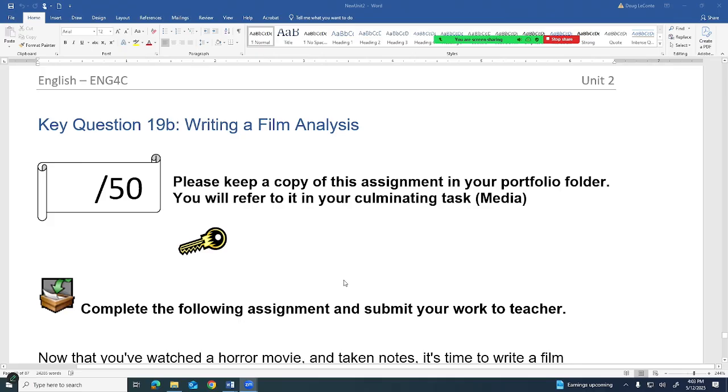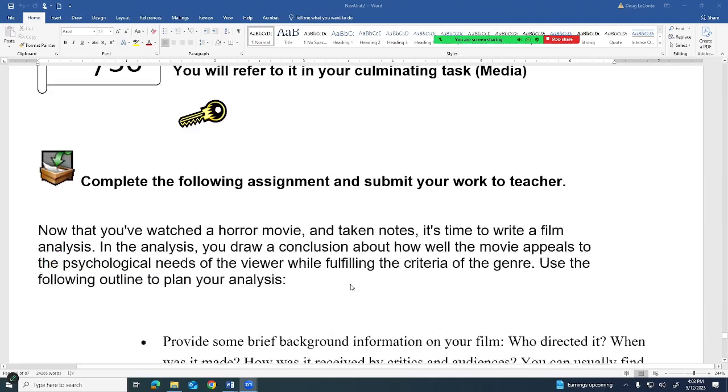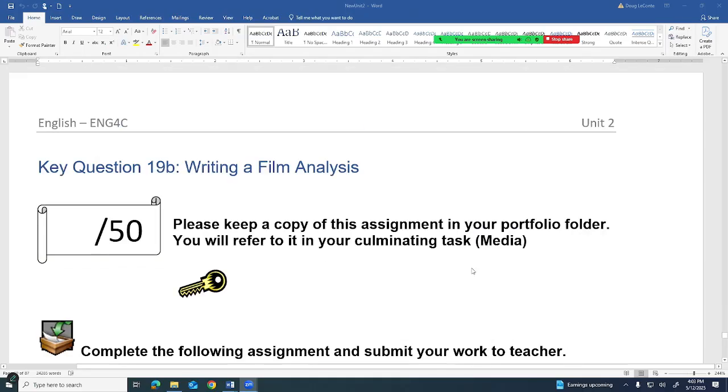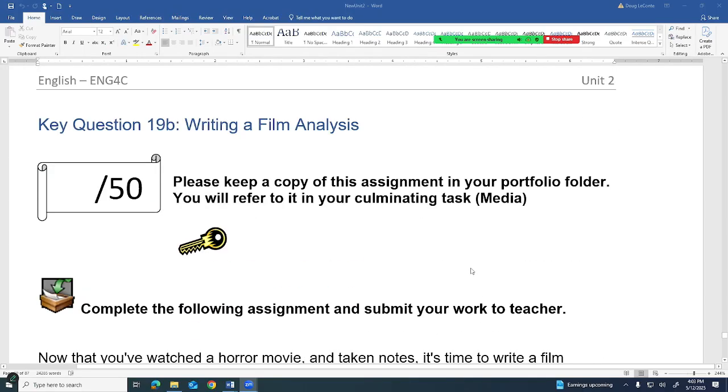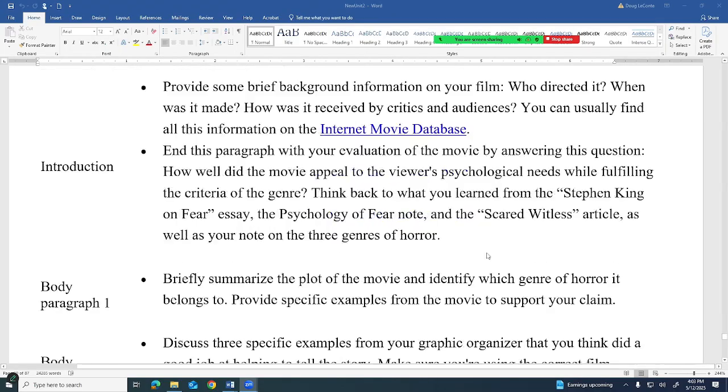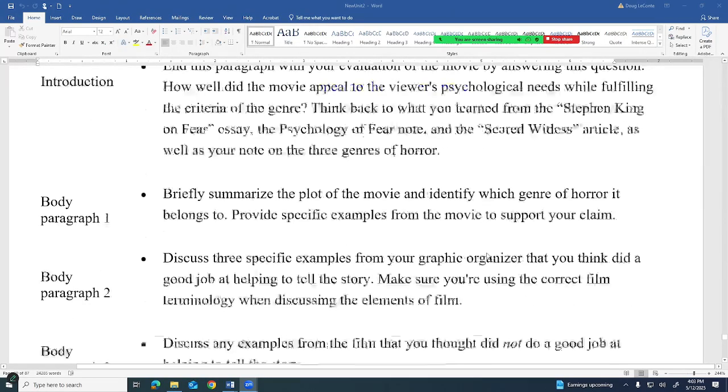And then 19B, you would write your film analysis, and there is an outline that you can use on page 81. As long as you follow the outline and input your own information from your specific film, then that will be just fine.